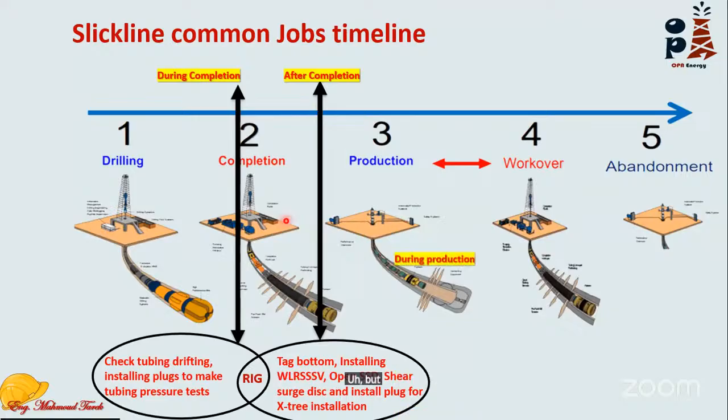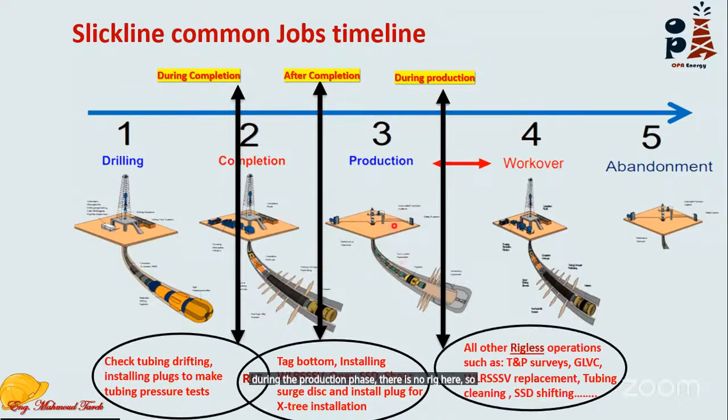But there is another, rigless operation during the production. During the production phase, there is no rig here. The most common applications of the Slickline, as well intervention, will be used after the production phase or during the production phase, and it's called a rigless operation.